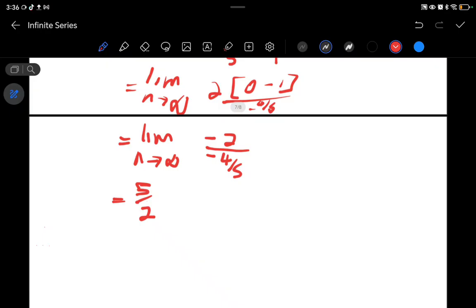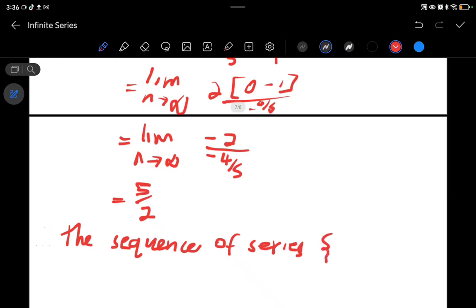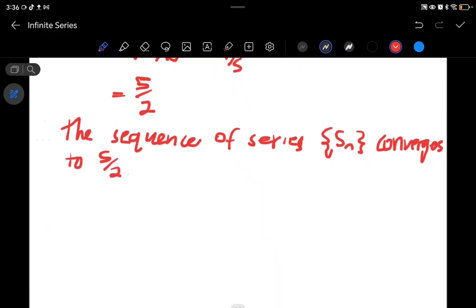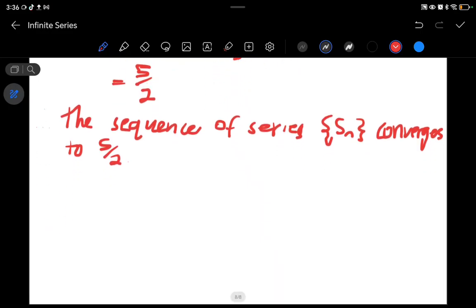You can say therefore the sequence of series converges to 5 over 2. You see, right?